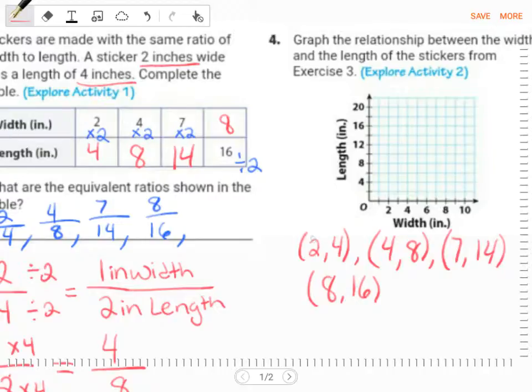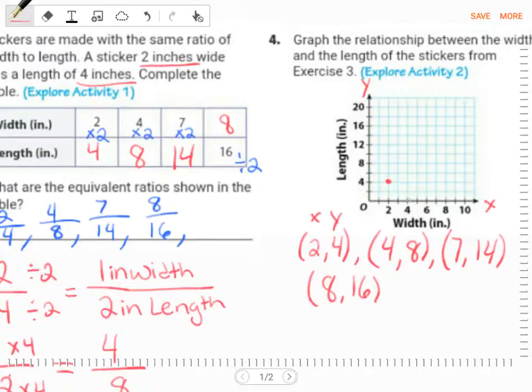Remember, the first number is your x, and so that's the one that's going to tell you how far you go along this horizontal x-axis. The second number is your y, so that's going to tell you how high you have to go up. So let's go here first. We've got to go to the right 2, and we've got to go up 4, and plot a point.